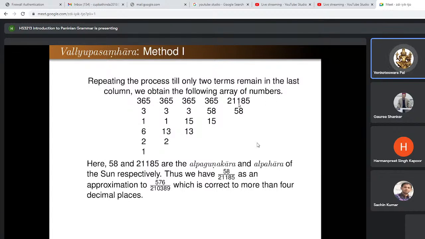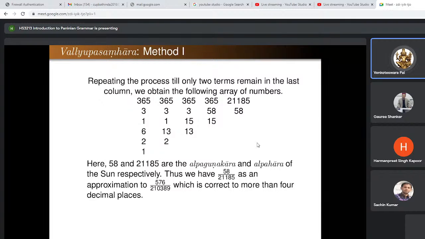We'll have 5 columns. In the fifth column, we'll have only 2 numbers, 21185 and 58 respectively. Here, 58 and 21185 are known as alpa gunakara and alpahara. The large numbers which we have taken, 576 and 210389, are known as mahagunakara and mahahara.